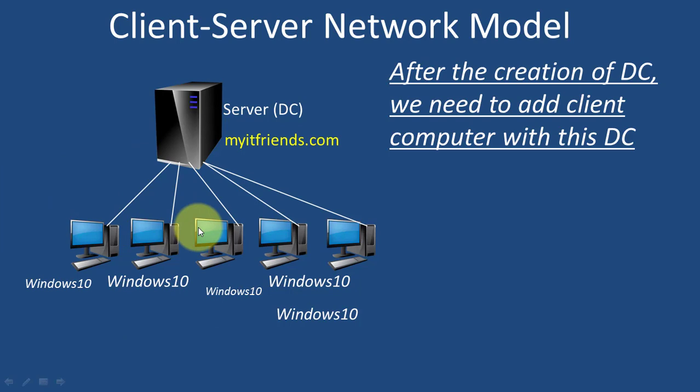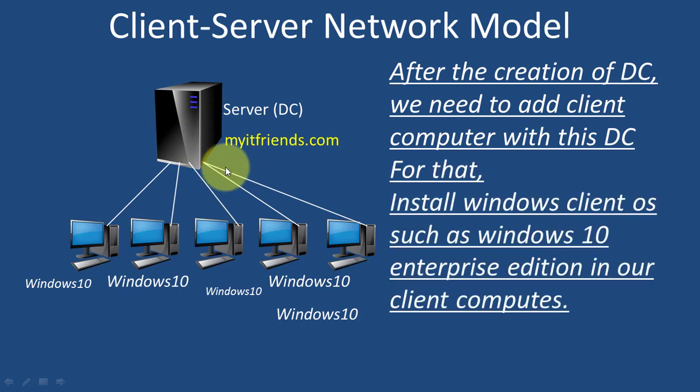After that, you need to take the This PC icon or My Computer icon on each of these computers, right click on it, select Properties and Change settings. Then you need to change the setting from workgroup to domain. At that time it will ask for the IP address of our server machine. Likewise, we can add our client machines to our server machine.